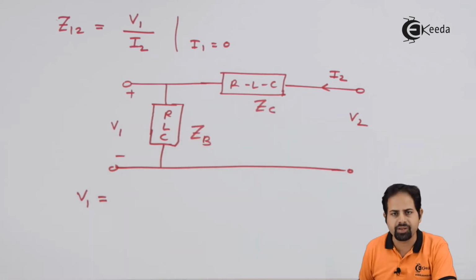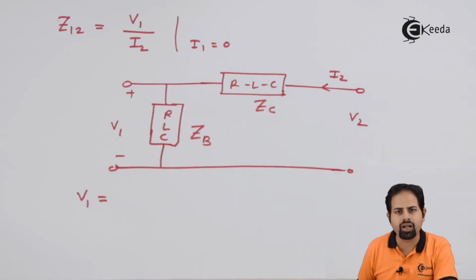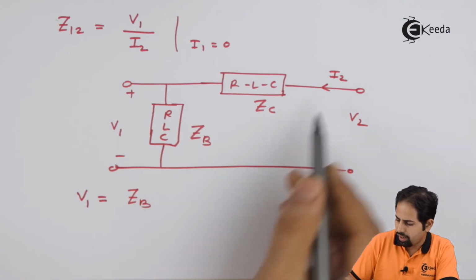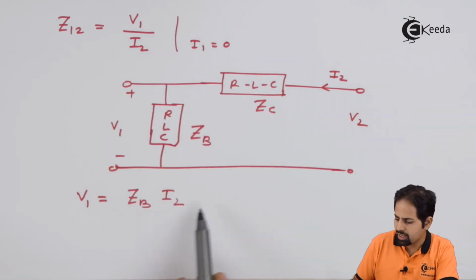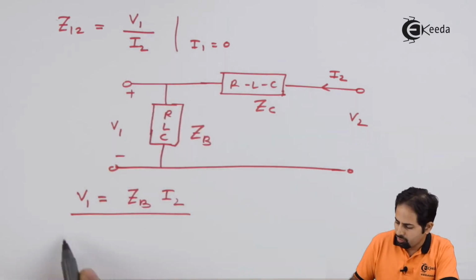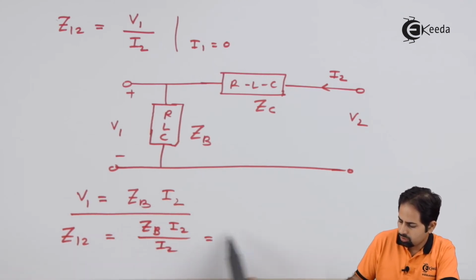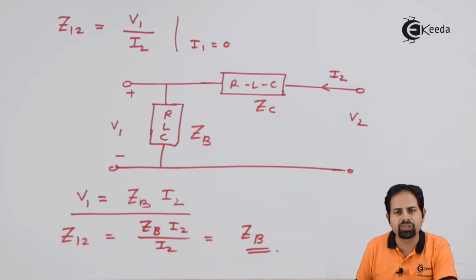This is ZC, and this voltage is resistance times current. Impedance is ZB and current passing through it is I2. So this V1 is ZB into I2. So if we substitute this V1 value here, we will get Z12 equal to ZB.